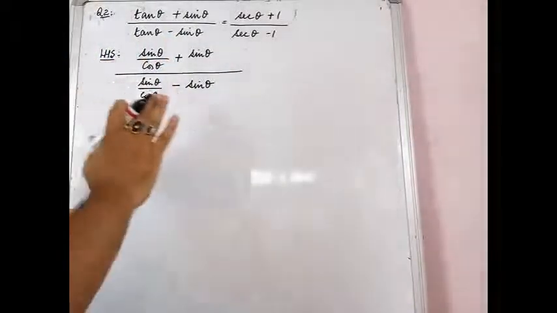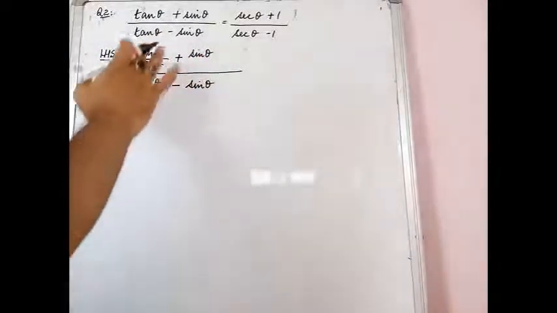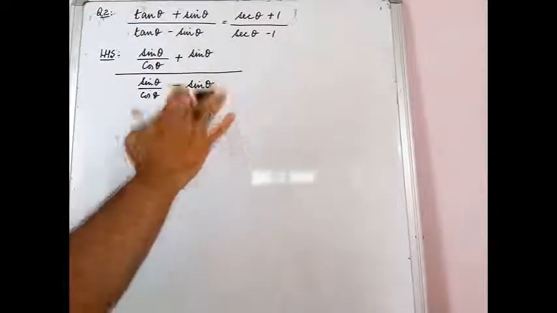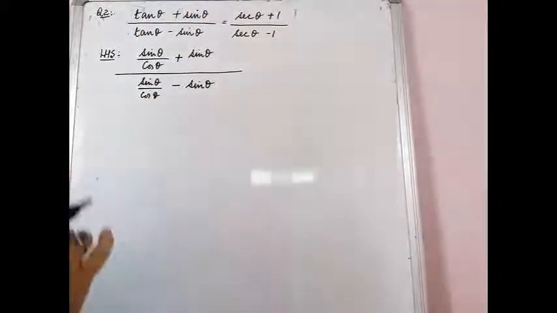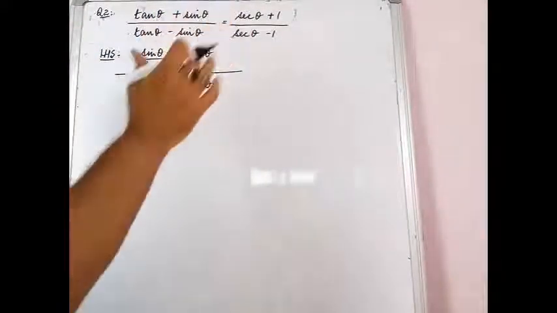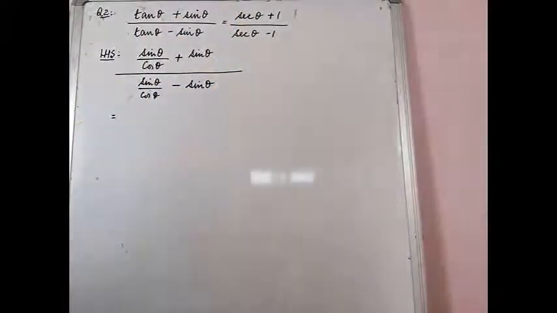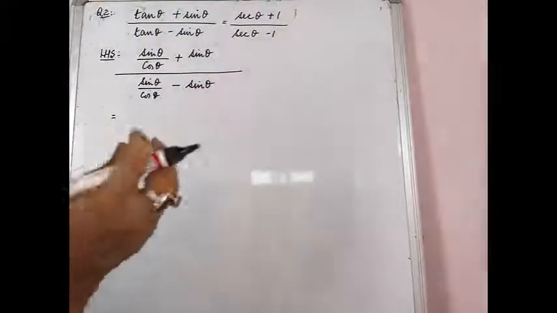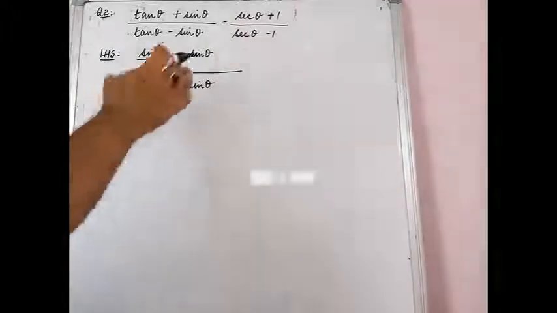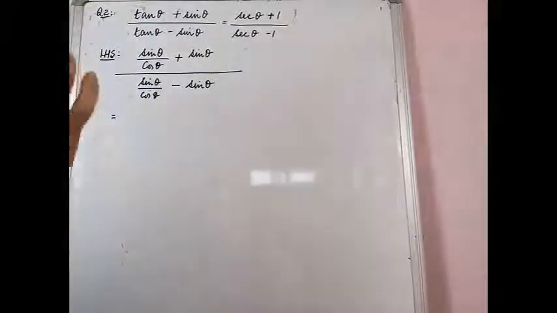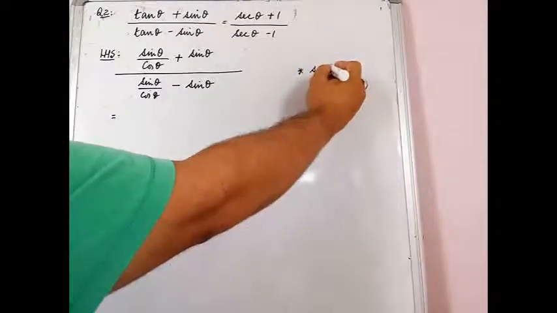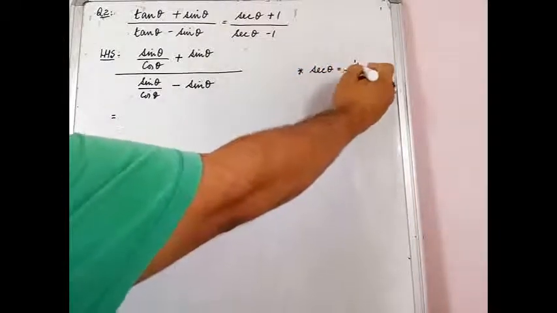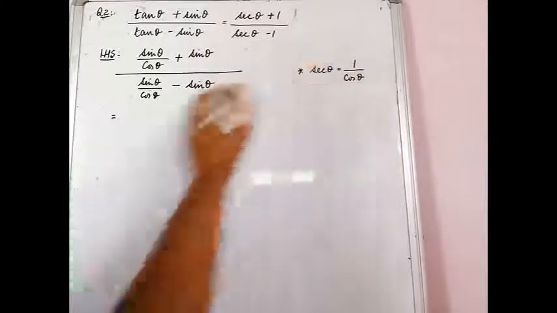Right now we do not have any sec theta present here, whereas we have to ultimately get sec theta because our right hand side has only sec theta present in it. So the moment you realize this, immediately your mind should go to bringing sec theta somehow in the left hand side. So what is sec theta? Let me remind you, sec theta is nothing but the reciprocal of cos theta.